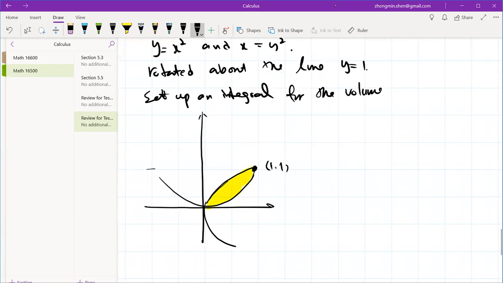And this is a horizontal line. You're going to rotate that region around this line y equals 1, right? So imagine you will get something like this.